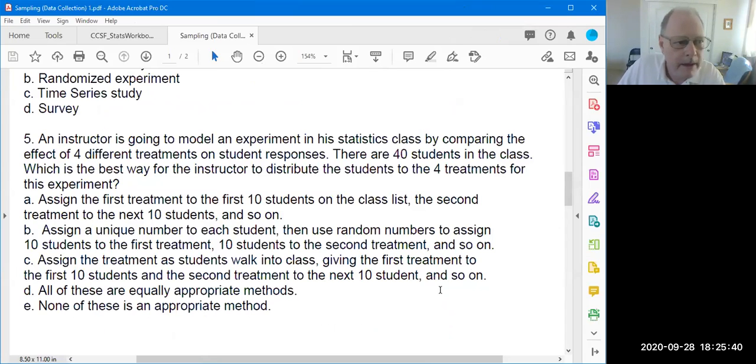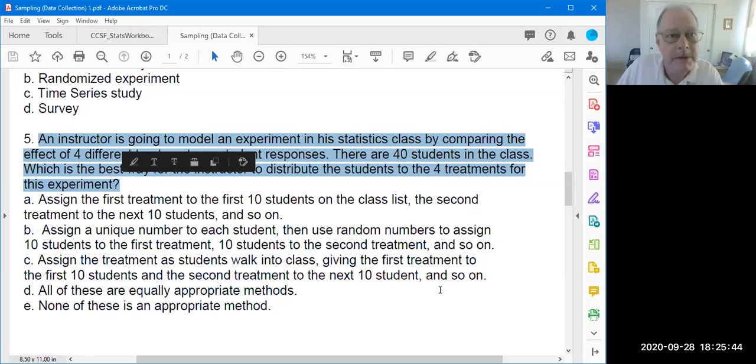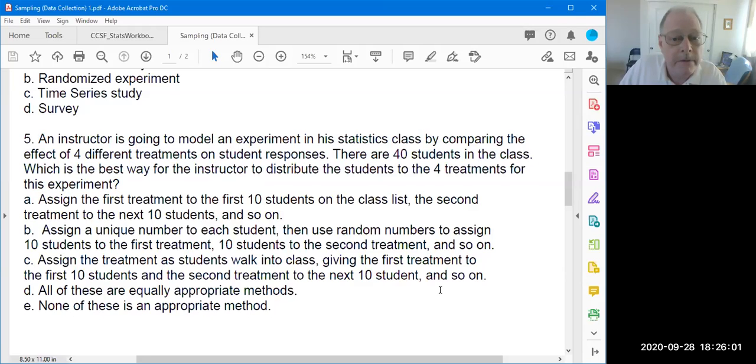So an instructor is going to do this experiment. The instructor has made up 4 different worksheets to cover the same material and wants to find out which one of them gets the best results from the students. And so he wants to put the students into 4 different, what you call treatment groups.